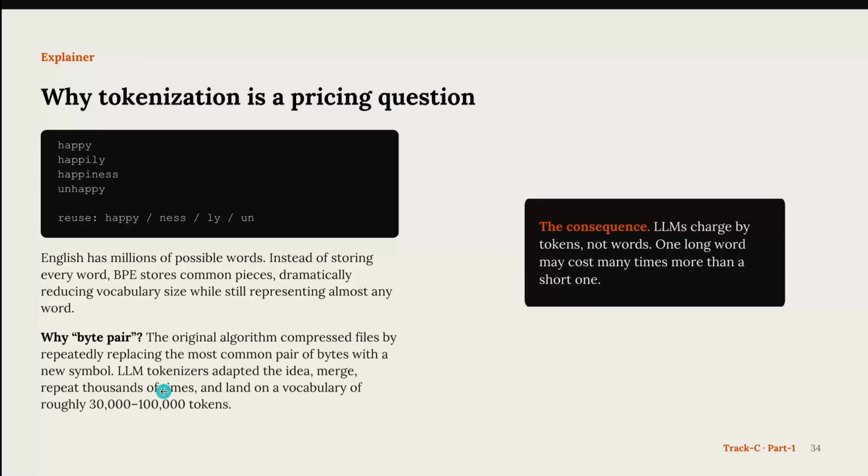LLMs are charged by tokens and not words. We know this. Whenever we start using ChatGPT, Claude, Gemini, or any of these large LLMs or frontier models, we see that they are charging us by tokens, and this is very important to understand. One long word may cost many times more than a short one. So always generating crisp answers as a response to users will save you more tokens from the LLMs, and in turn it will save you a lot of cost.